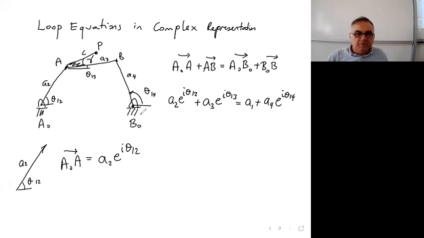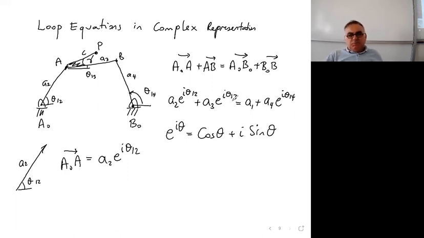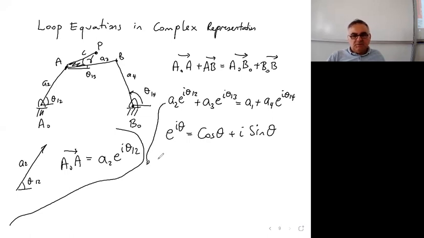As you know, we can write e to the I theta in general as cosine theta plus I sine theta. So for each of them, we can write sine theta and cosine theta. So we can write this equation as follows.